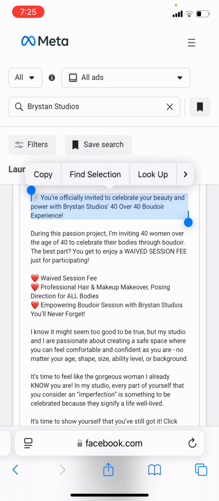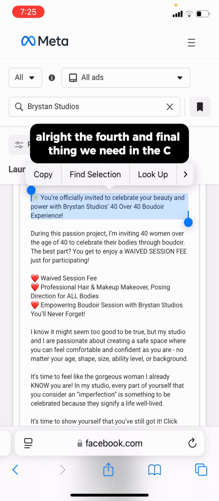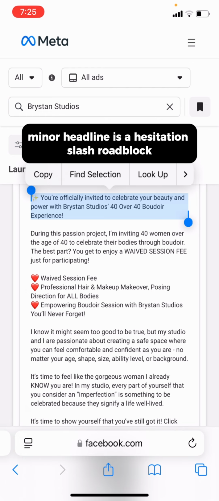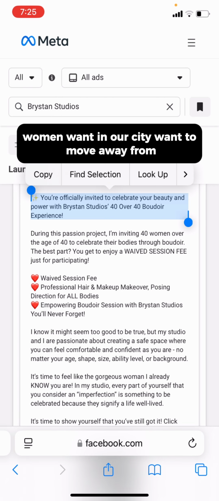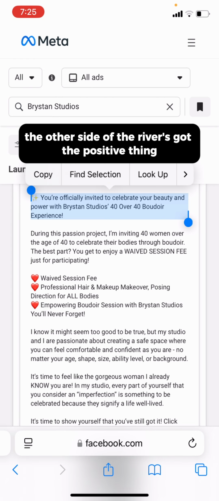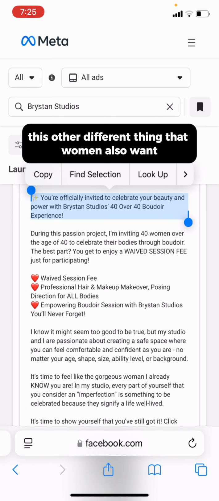All right, the fourth and final thing we need in the See More headline is a hesitation or roadblock. So what is stopping women? One side of the river has the negative experience women in our city want to move away from. The other side of the river has the positive thing, this other different thing that women also want.